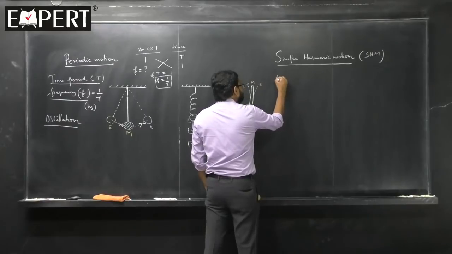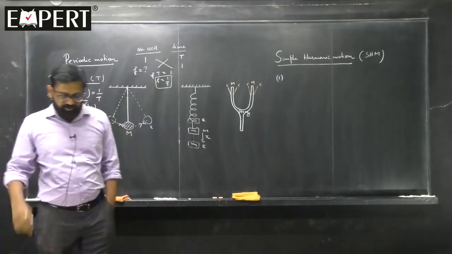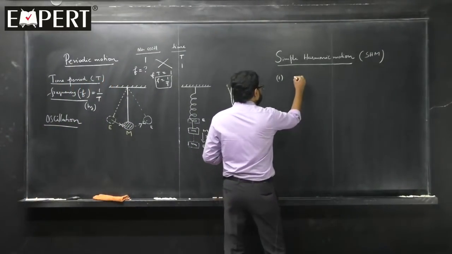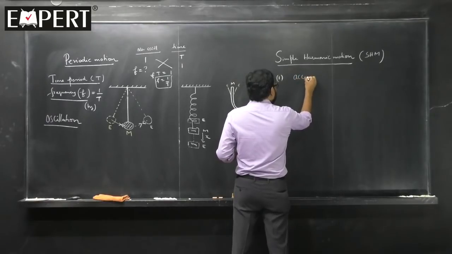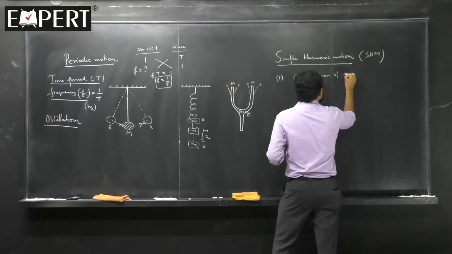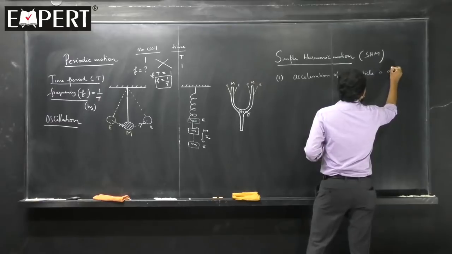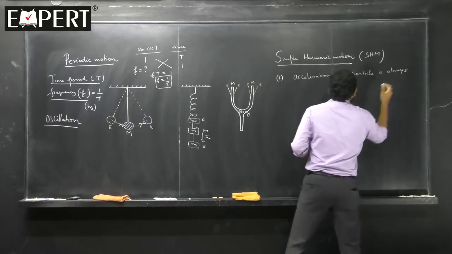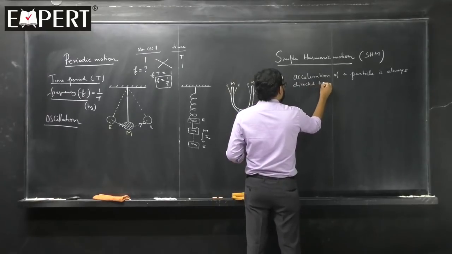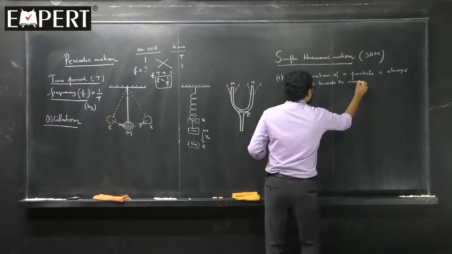A particle or a body is said to have a simple harmonic motion if the first required condition is that the acceleration of the particle is always directed towards the mean position.